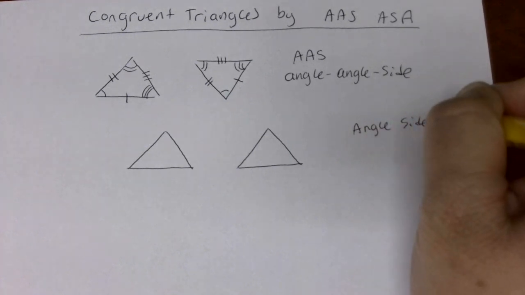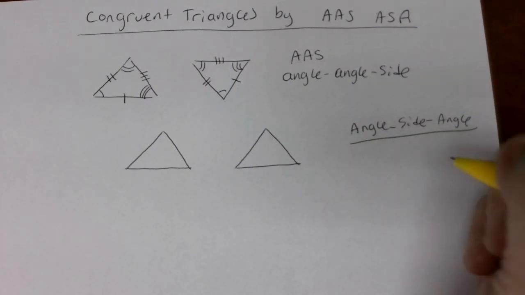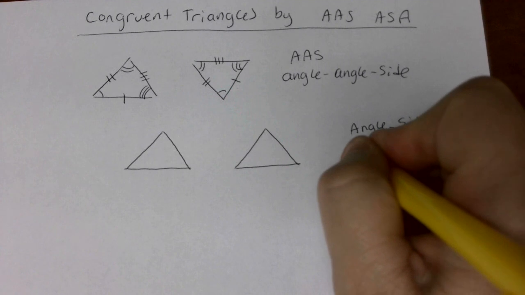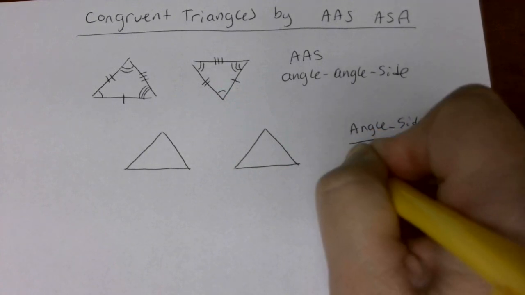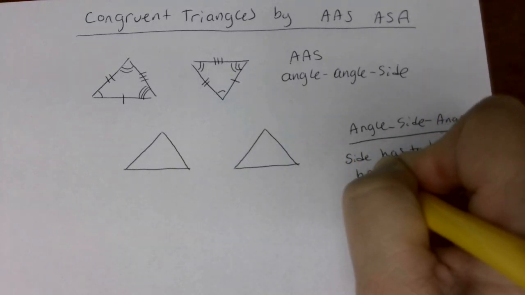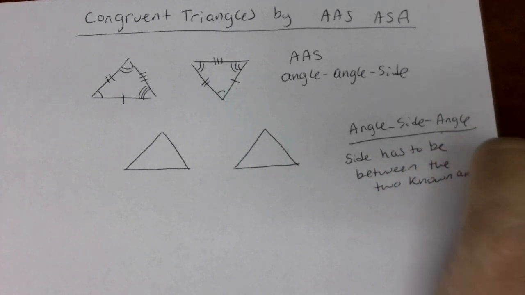side, angle. Okay. So an angle, side, angle, again, just as it is, you have to have 2 angles, but the side has to be between the 2 known angles. Okay?